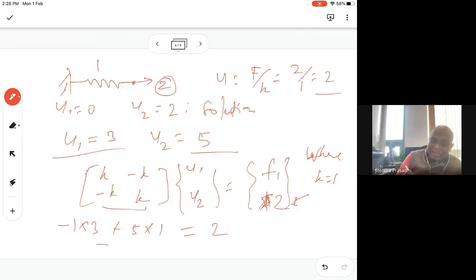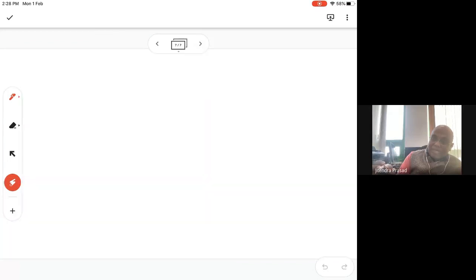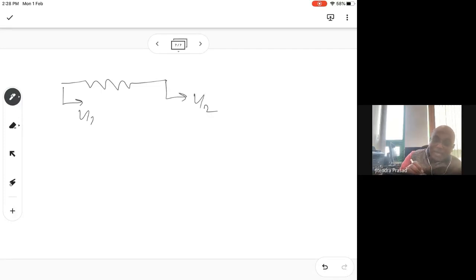What do we get? Minus 3 plus 5 equal to 2. We got the solution. Even if you put u1 equal to 3 and u2 equal to 5, you are getting the required force. That really means this is also a solution. What is the meaning of that? If your solution for this one is some values u1 and u2, and you add a constant term, this will also be a solution.